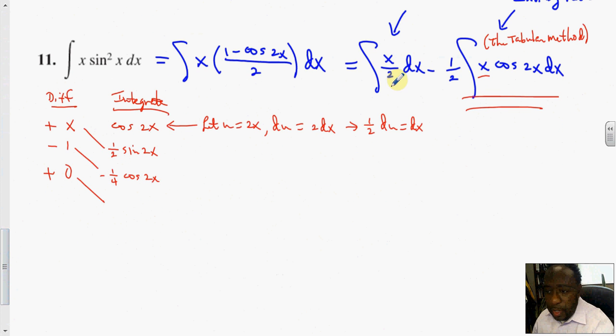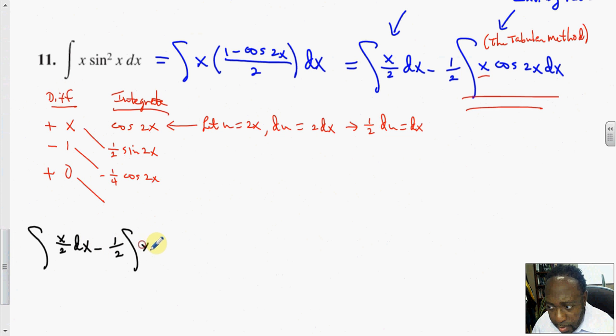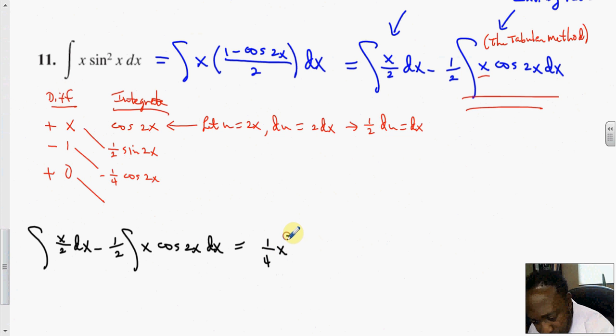So we integrate this term here. This is the integration of x over 2 dx minus the 1/2 times the integral of x cosine 2x dx. So the integral of x is x squared divided by 2, and times this 2 downstairs, so this is 1/4 x squared minus 1/2 times, this is integration by parts.